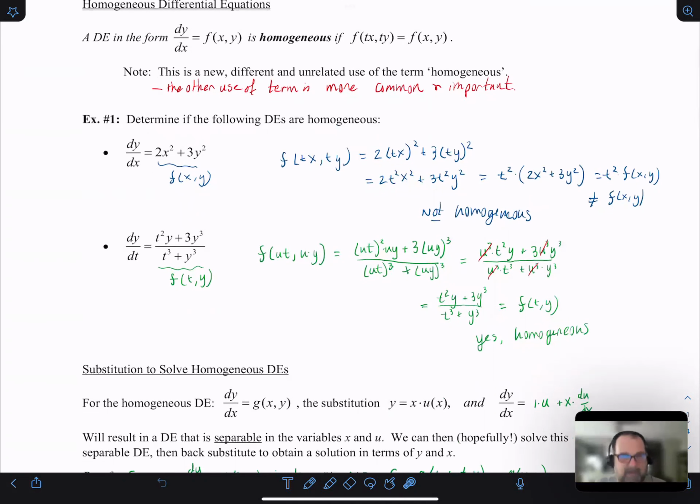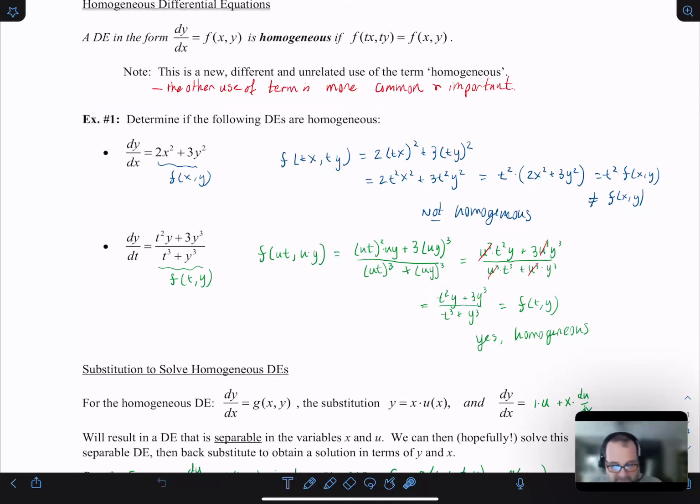A couple of examples here. Here is a DE, first order. We can see our f of x,y function on the right-hand side is 2x squared plus 3y squared. This is basically the test for homogeneous. If we plug in tx for x and ty for y, let's see what happens.